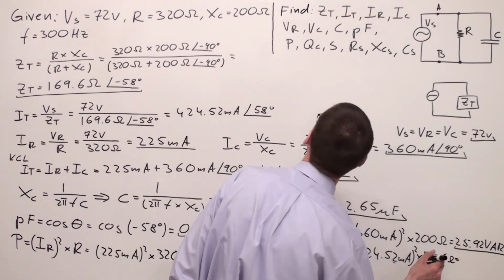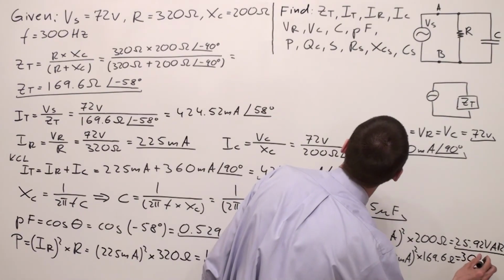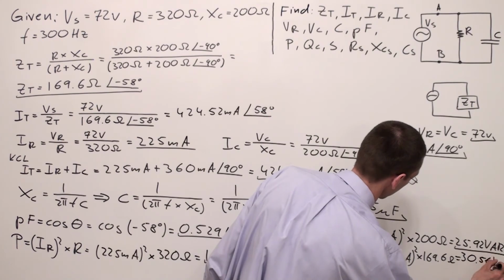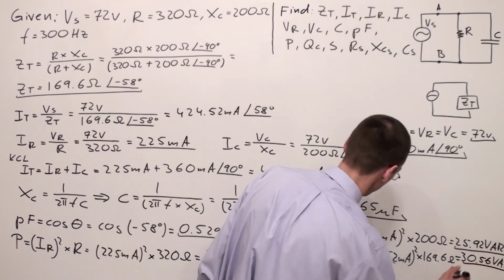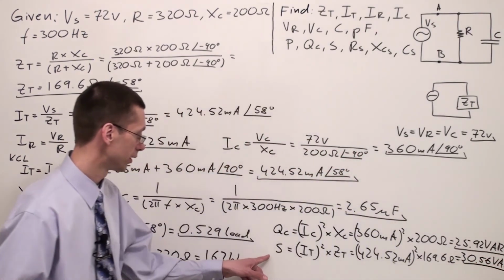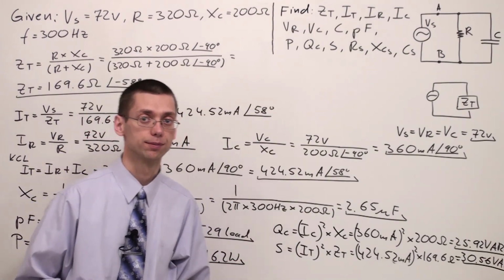Okay, so this is equal to 30.56 VA. And this is the apparent power in my circuit.